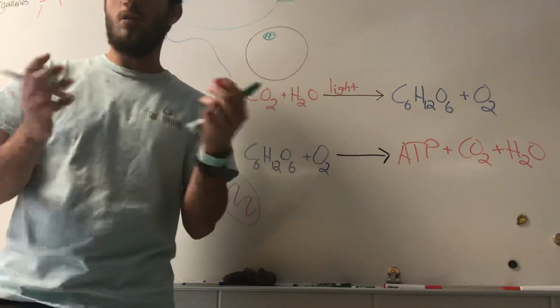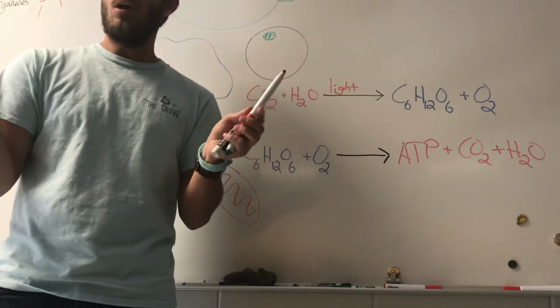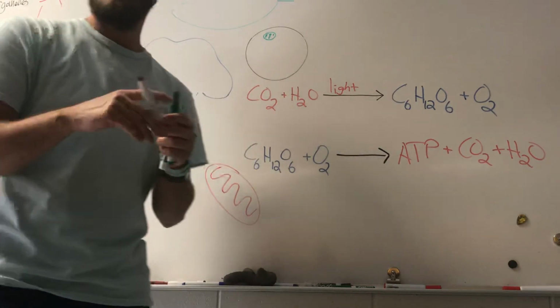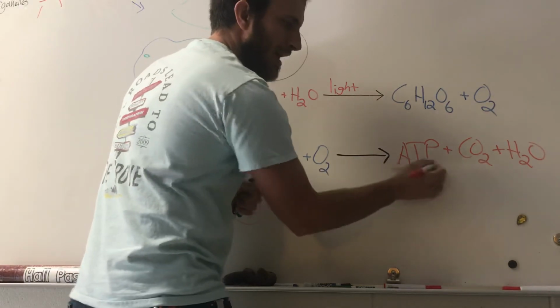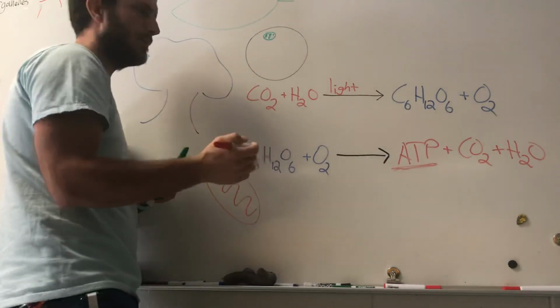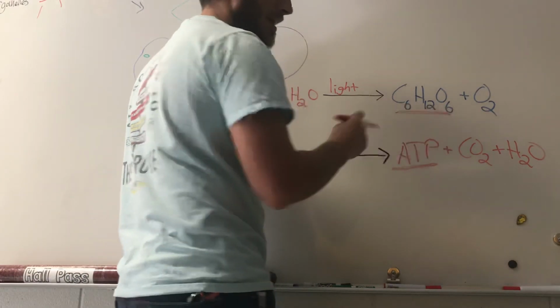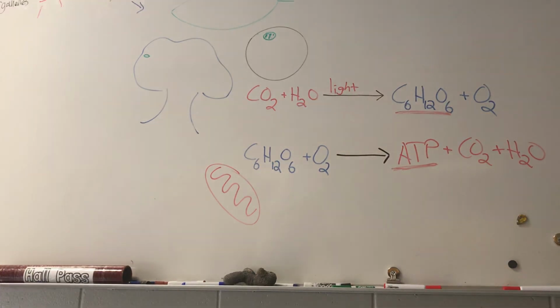Can we turn into flashlights, like mitochondria go and they shine? No. When our mitochondria are doing their job, what are they making? ATP. So if you see ATP, you know it has to do with the mitochondria. If the thing is making sugar, what organelle is that? It is the chloroplast, yes.